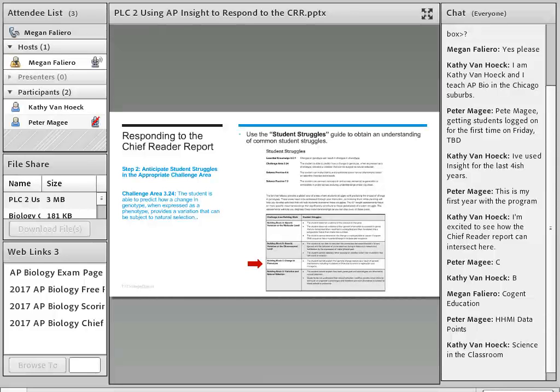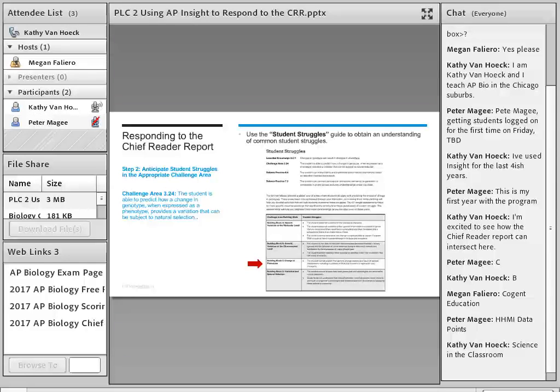That is really small, but if you can see there, building block C, the students cannot explain that genetic change results from several mechanisms, including mutations in DNA due to errors in replication and mutagens. So exactly what Nancy said was a problem last year, AP Insight has already identified as a student struggle.